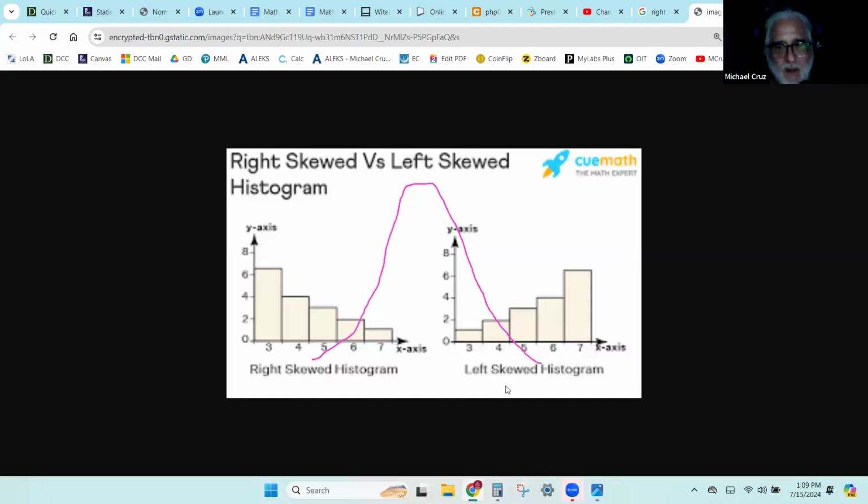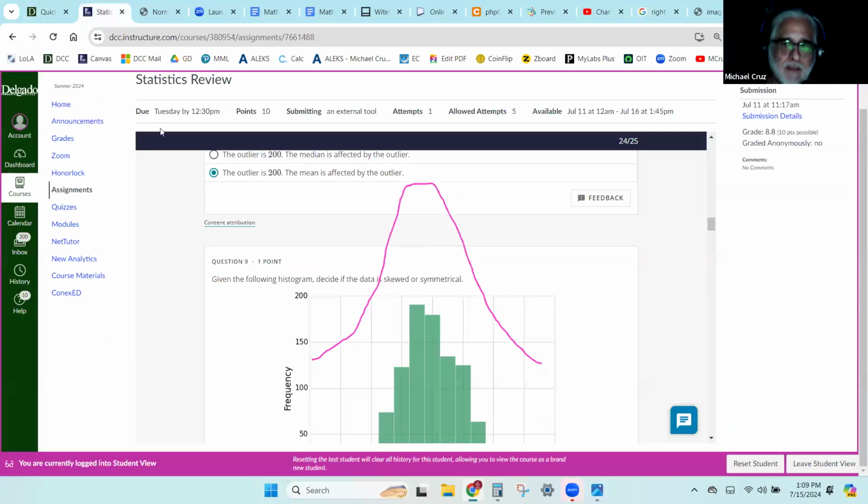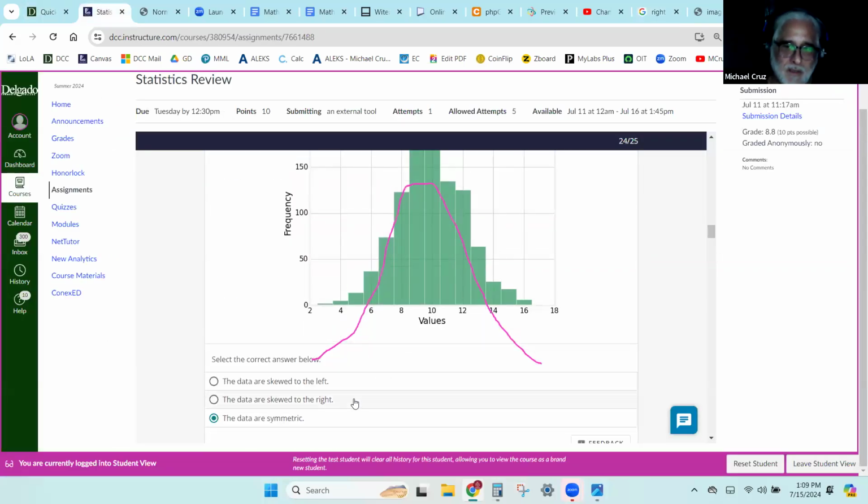Left skewed data, the extreme values are on the negative, on the lesser side, and they're pulling things towards the left. And then the one where it's like up and down, like I said, this is symmetric.